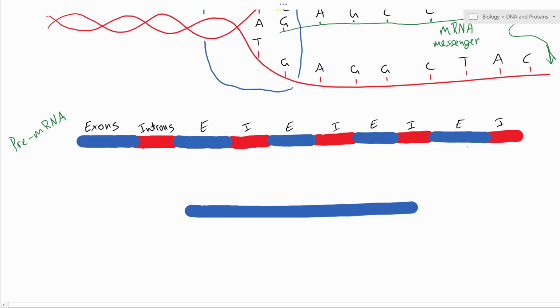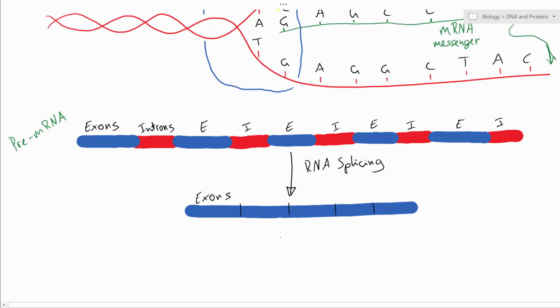So to turn our pre-mRNA into mRNA, which is what we want by the end of transcription, we need RNA splicing to occur. So RNA splicing just involves the removal of the introns, and we would sort of chop it up like that still, to the point where we just have exons left over.